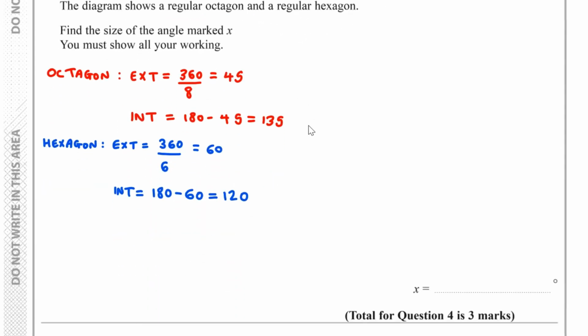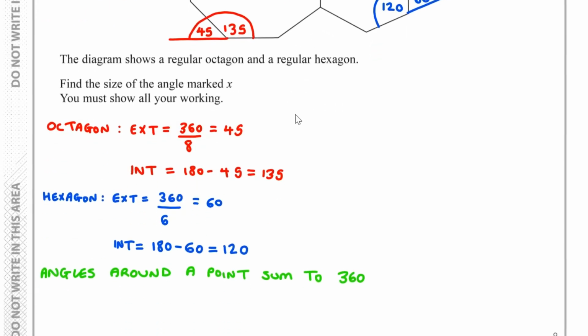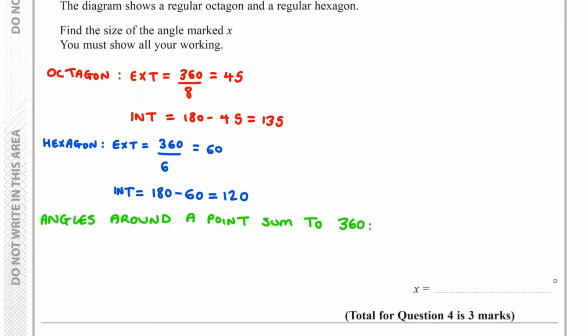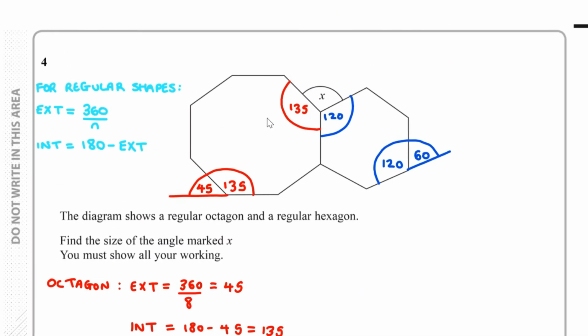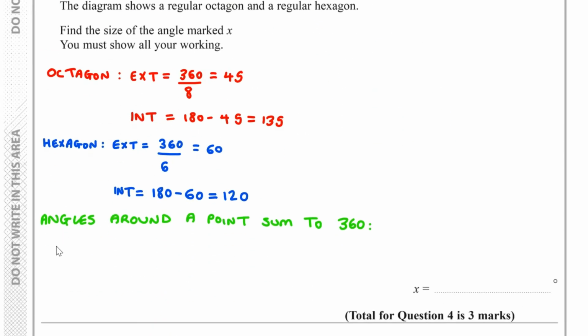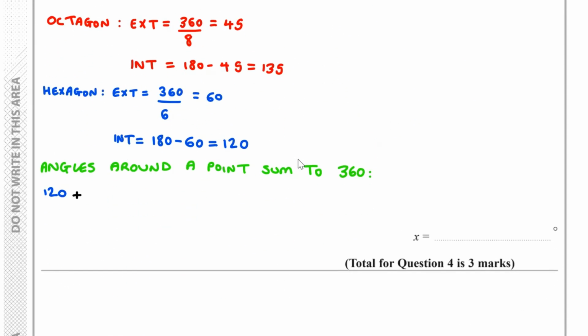Now we know already that angles around a point sum to 360. So we have the angle over here 120 plus the angle over here 135. So we add on 135 plus the angle x.